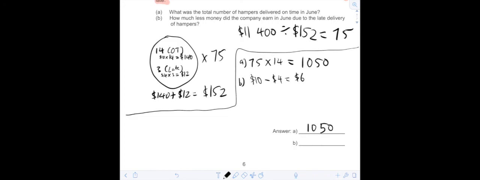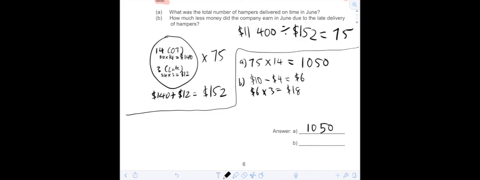So we can say that in each set they actually lost $6 per hamper because they delivered it late, and in each set there were 3 late hampers. So the amount of money that they actually lost from delivering these 3 late hampers is $6 multiplied by 3.